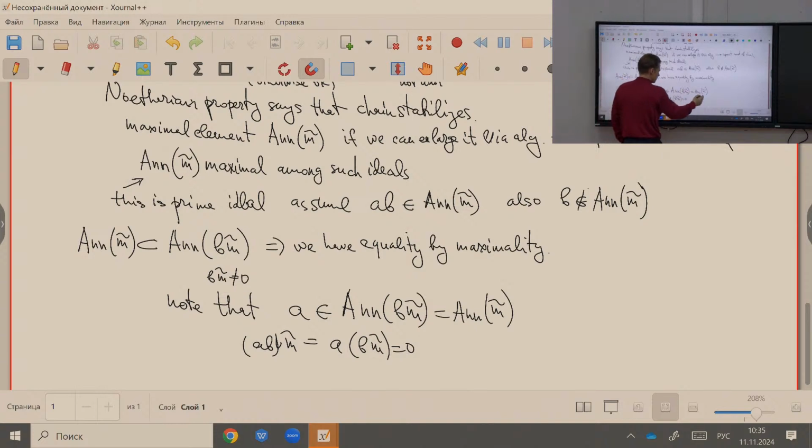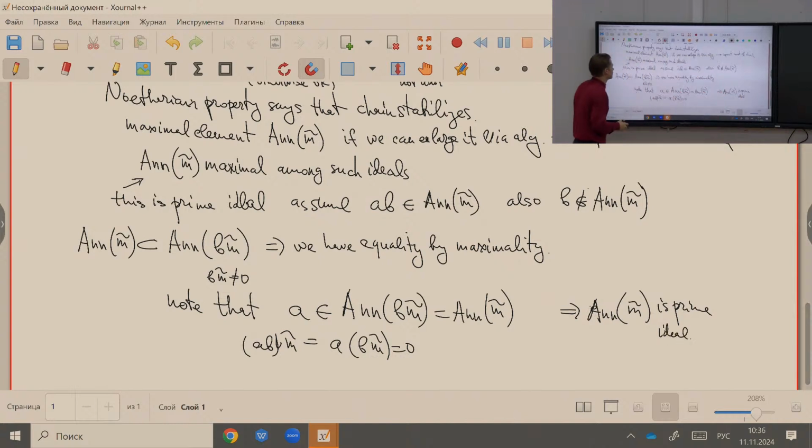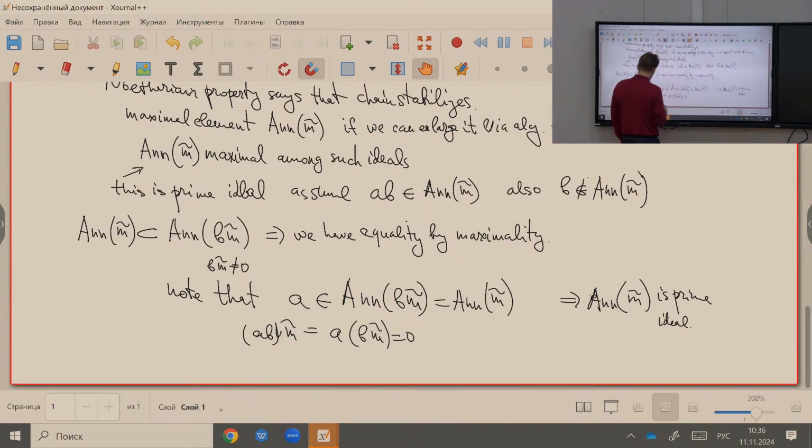So that means this is a contradiction. So that means that the annihilator is prime. So we prove that these associated prime ideals exist.